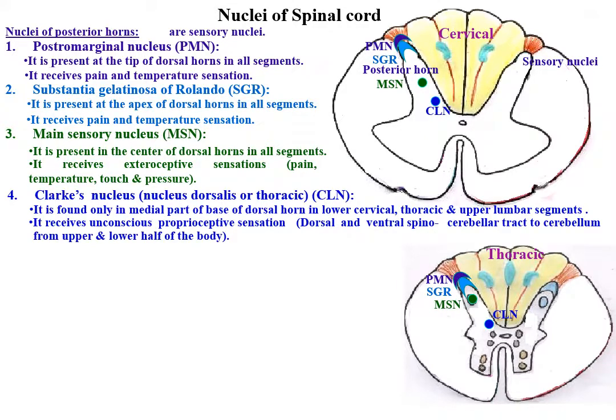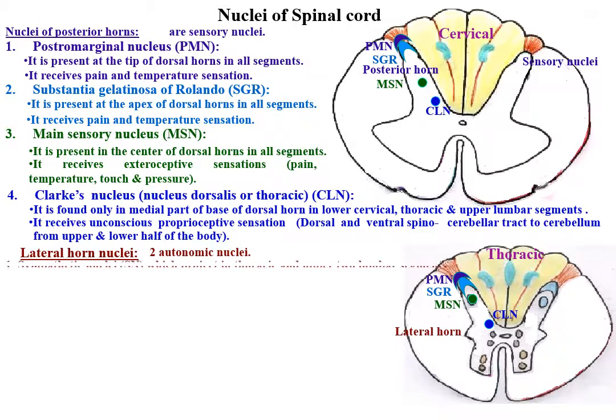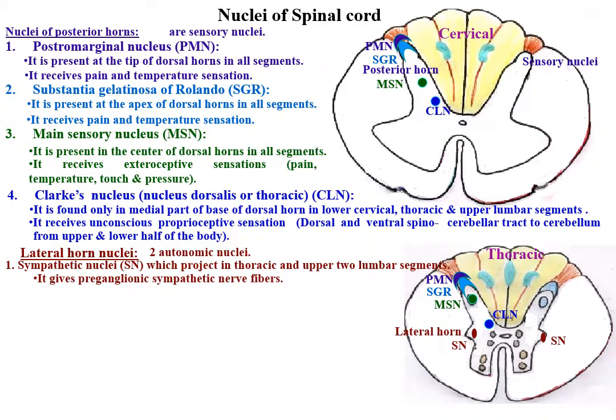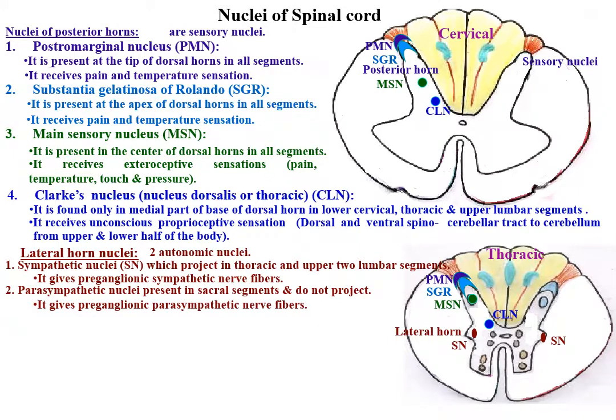Lateral horn nuclei. Lateral horn contains two autonomic nuclei: sympathetic nuclei, which project as lateral horn, present in the thoracic and the upper lumbar segments, and give preganglionic sympathetic fibers; and parasympathetic nuclei present in the sacral segments, which do not project as a horn, and they give preganglionic parasympathetic nerves.